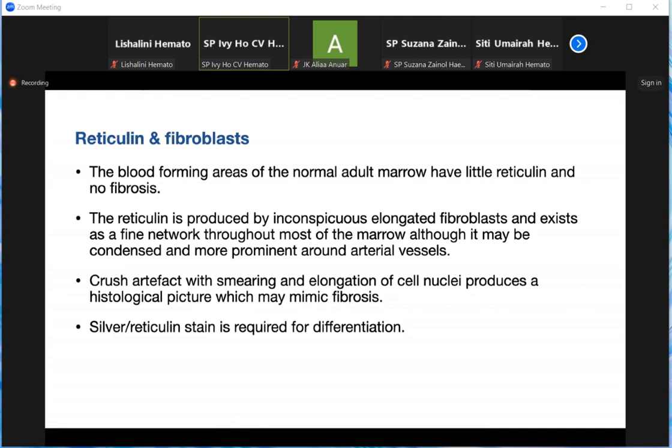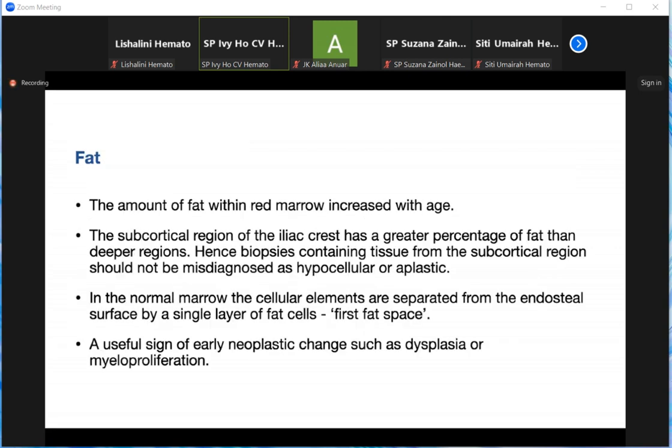So if you look at the overall trephine and see a lot of crush artifact, and you think, hey, could it be fibrosis or is it because of the artifact? Be careful and use a reticulin stain to help you differentiate them. Fat: the amount of fat in the red marrow increases with age. As we age, our marrow gets less cellular and we have more fat in the marrow spaces.